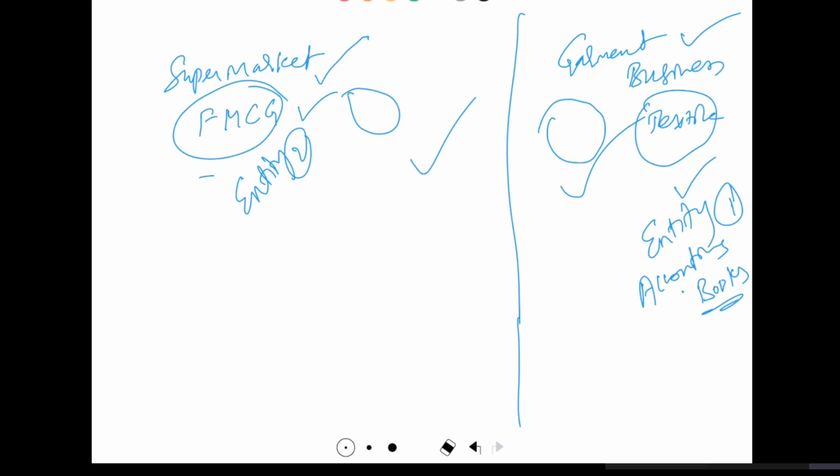Did you understand this point? When you have different kinds of business, you have to maintain separate books, separate accountings, separate inventory books, and all the financial calculations.